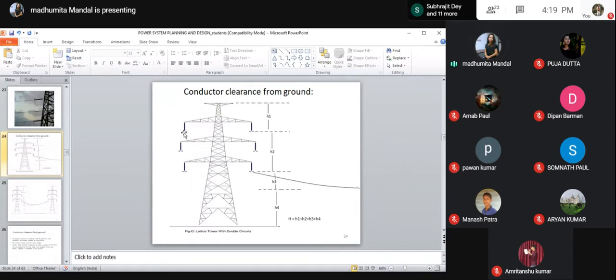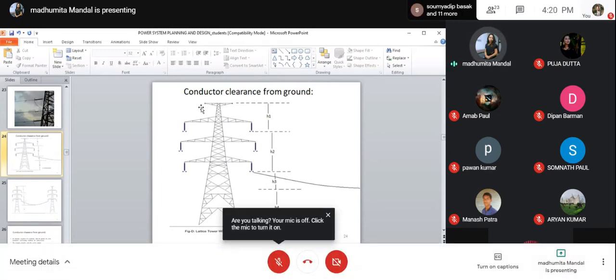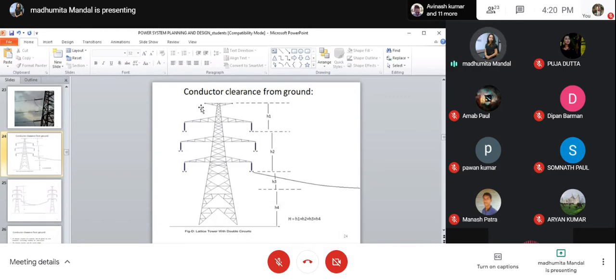So vertical configuration is used for the conductors and it is a double circuit structure. And the earth wire, on the very first day when we taught the components, we said that one earth wire is present to protect the conductor from lightning.